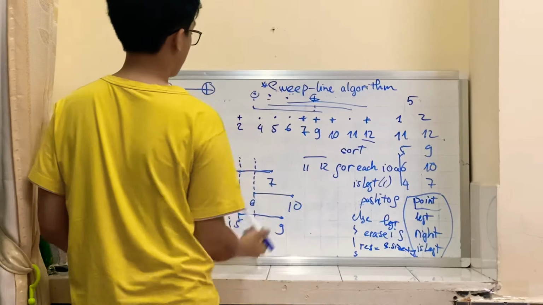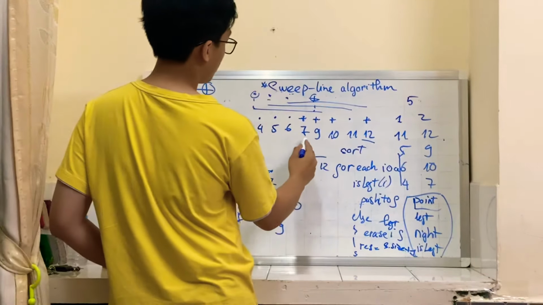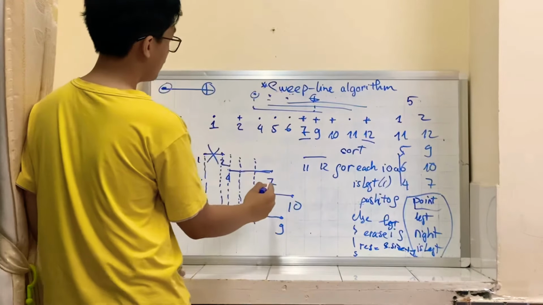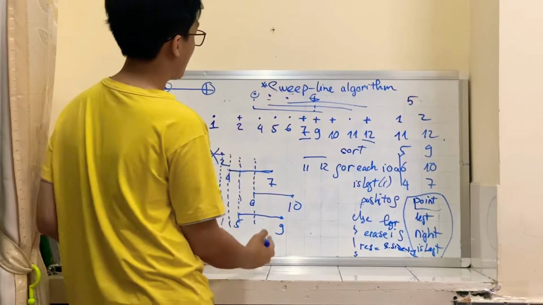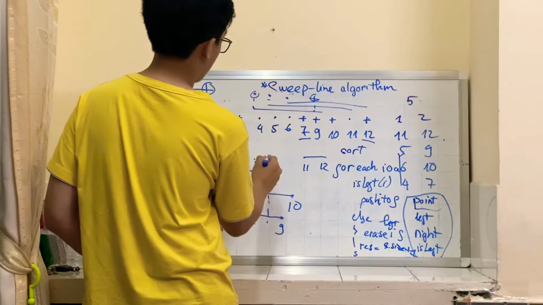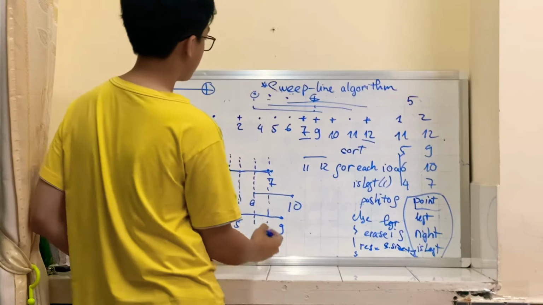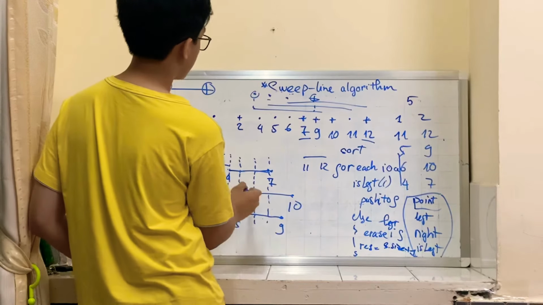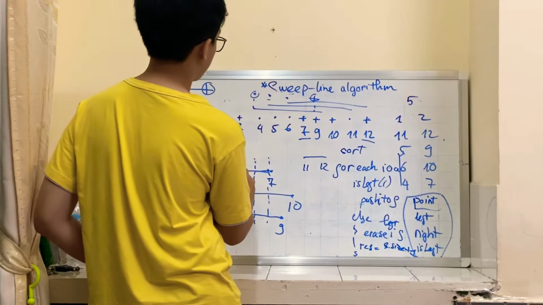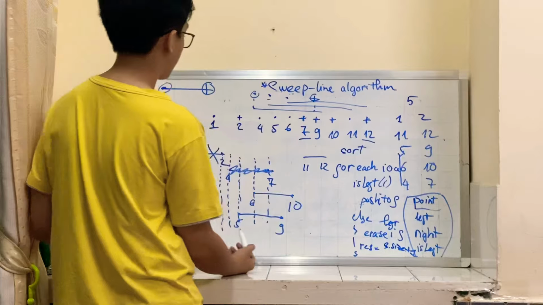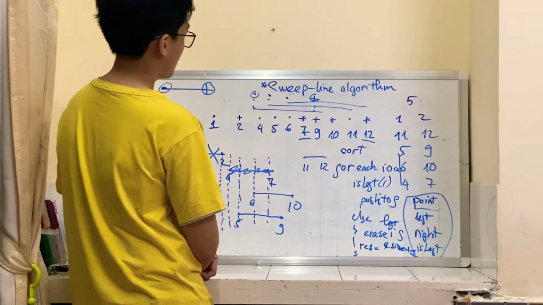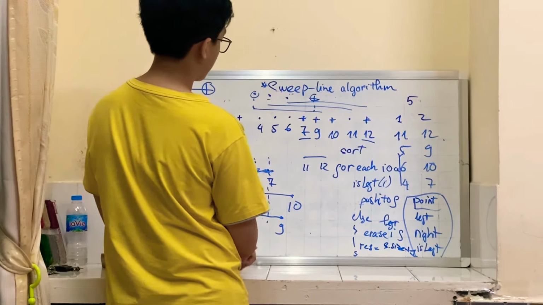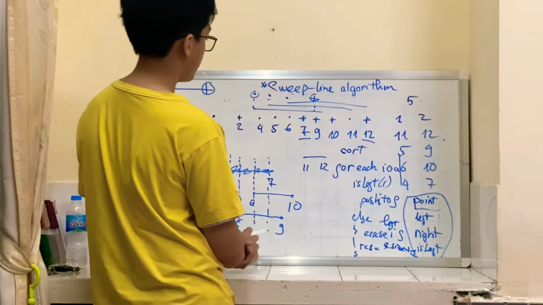If we take this value 7, this is the endpoint and also the sweep line, so we only have to erase the line of 4 and 7. Erase 4 and 7. So we have only 5 and 6 as the starting points.